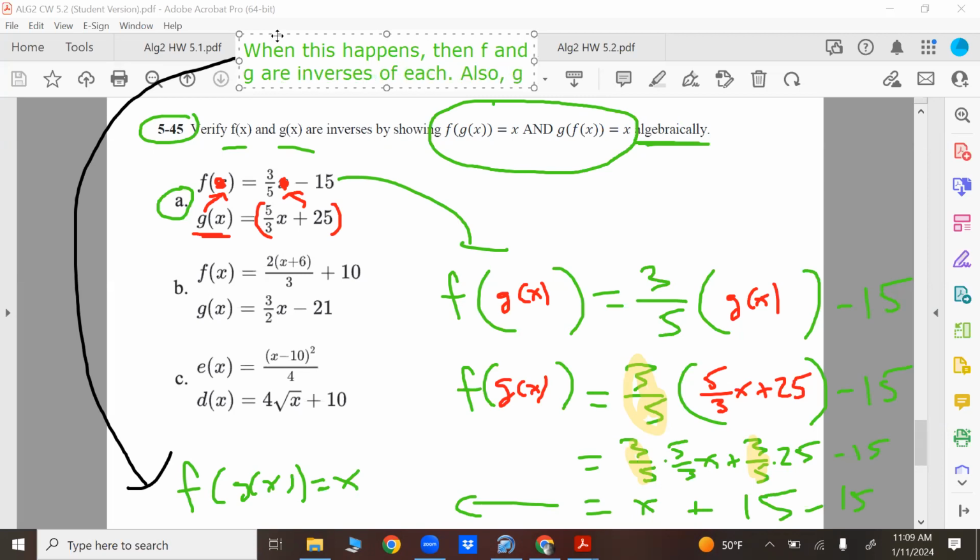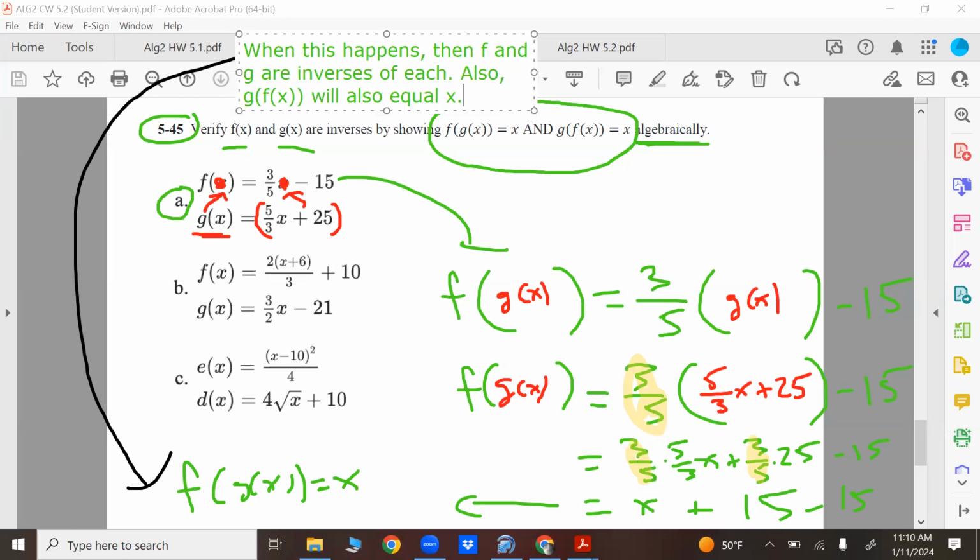Also, g of f of x will also equal x. So when you plug a function into another function and you get x coming out, that means they're inverses of each other.